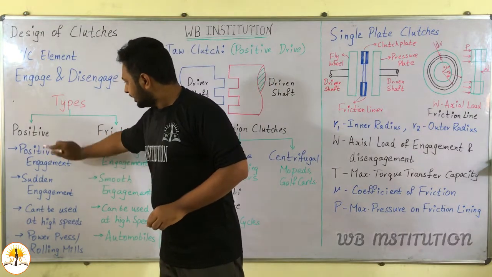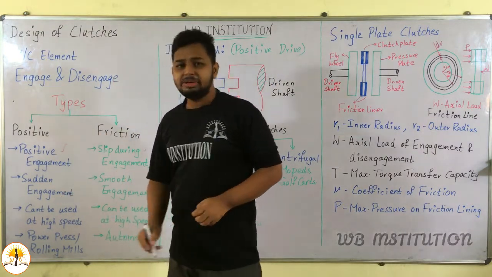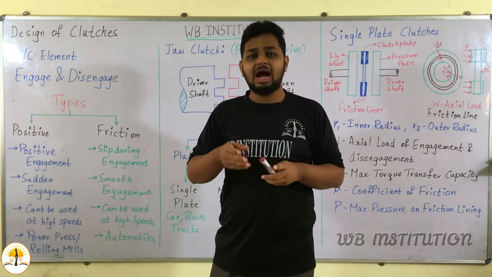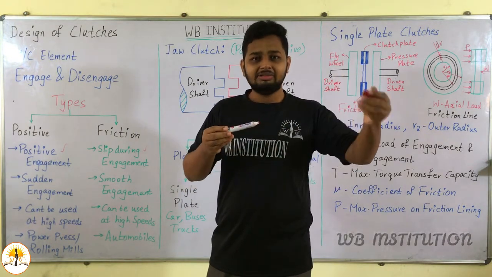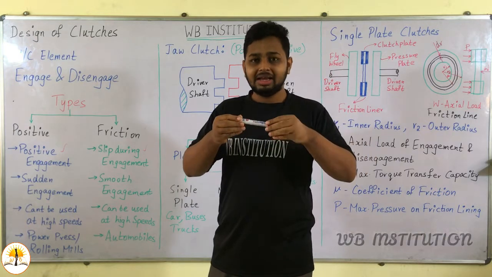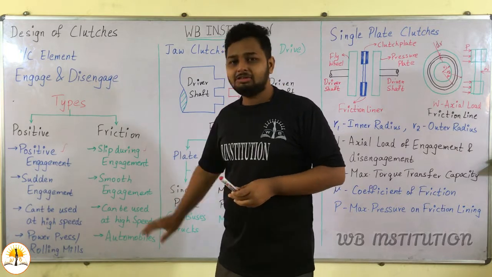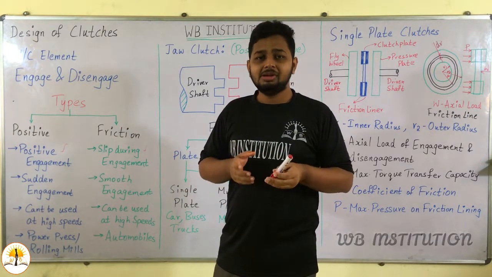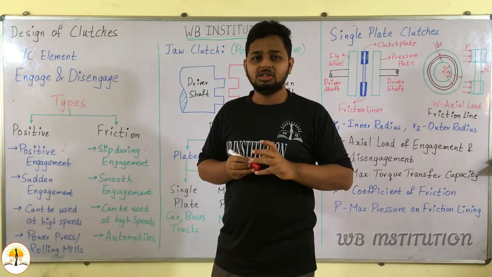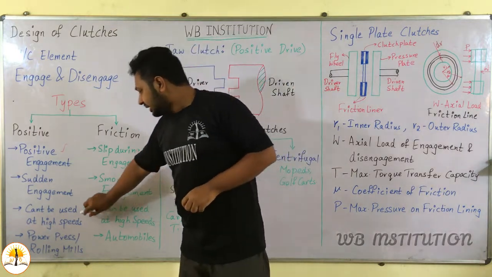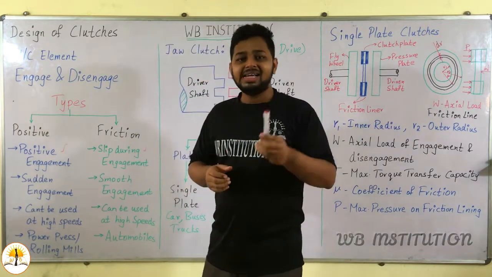Coming to the second point, in positive clutches there will be sudden engagement. So sudden shocks will be applied to the driven pulley when engaging with the driver pulley. In friction clutches there will be smooth engagement, so no sudden impact loads will be applied on the clutches. Next, positive clutches cannot be used at high speed.